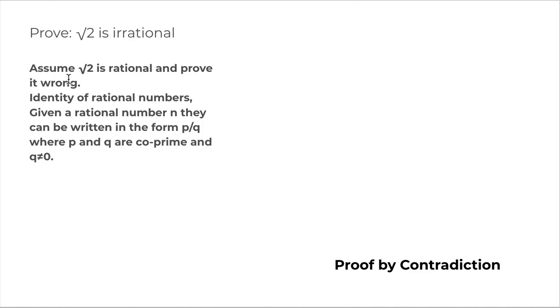We assume that root 2 is rational and it can be written in the form of p by q, where q is not equal to 0. So I write root 2 as p by q. Squaring on both sides, I have 2 is equal to p square divided by q square. I take q square to the other side, I write 2 times q square is p square.